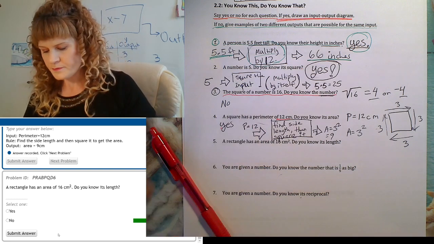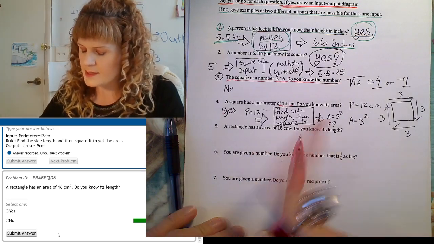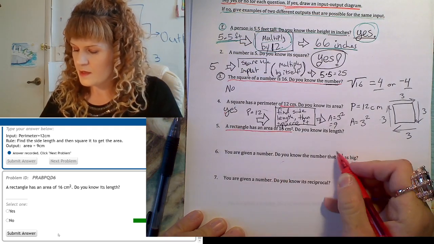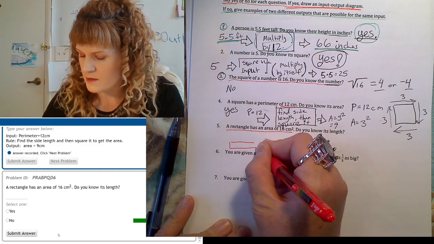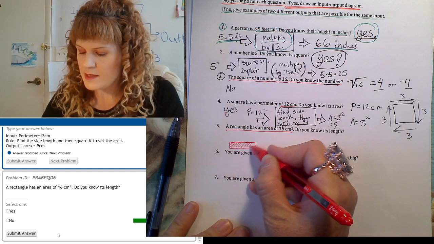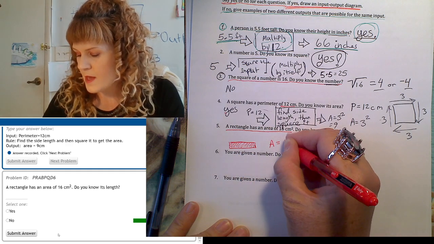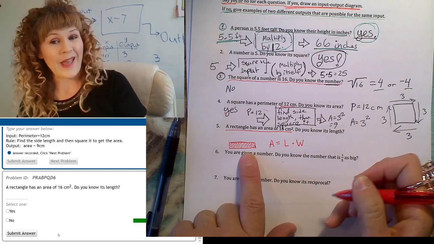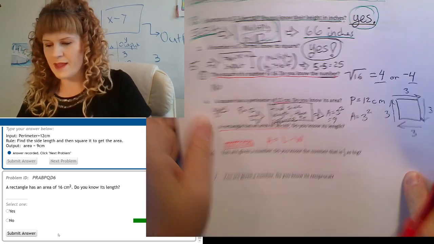Next one. A rectangle has an area of 16 centimeters. Do you know its length? I'm going to draw the rectangle here. Okay, if the area is 16 centimeters, you've got to remember area equals length times width. Do I know the length? No, I don't know the length.